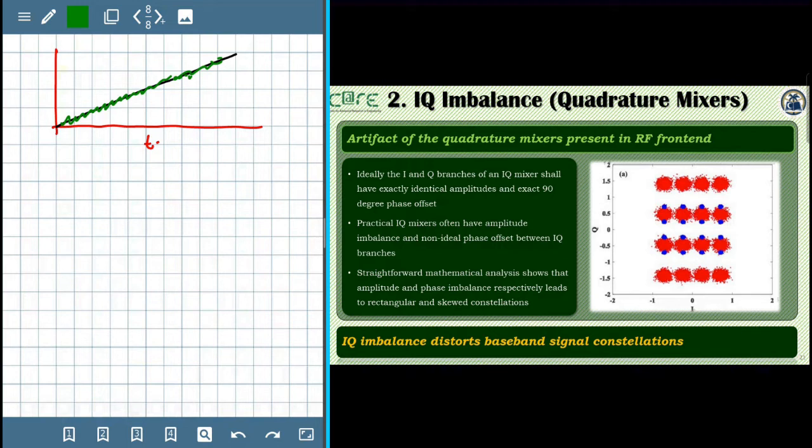The quadrature mixers need to have the I and Q branches with exactly equal amplitudes, and the phases of the two component carriers, those going towards the I branch and Q branch, need to be exactly 90 degrees out of phase from each other.